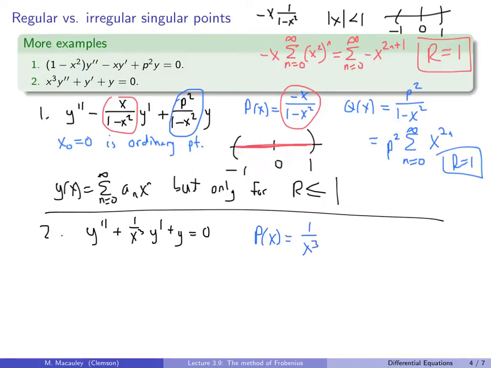We say right away that p of x is 1 over x squared, and this is not analytic at 0. So this is not defined at 0. This is an irregular singular point at 0. So this is an irregular, I should say x not equals 0 is an irregular singular point.